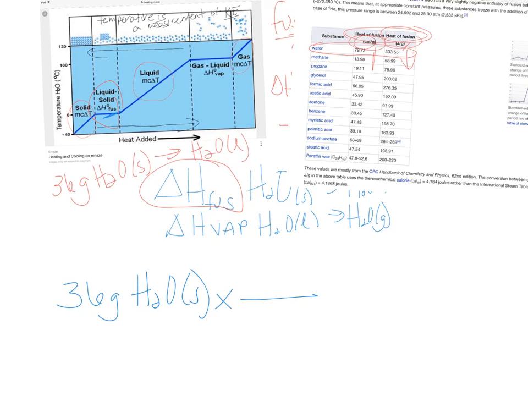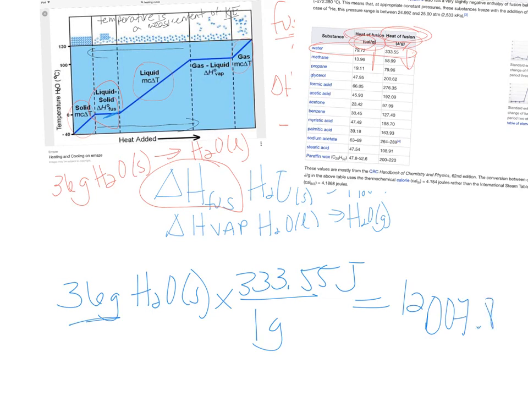And in order to melt 1 gram, it requires 330.55 joules. So to melt 36 grams will be 12,007.8 joules, which is 12.0 kilojoules.